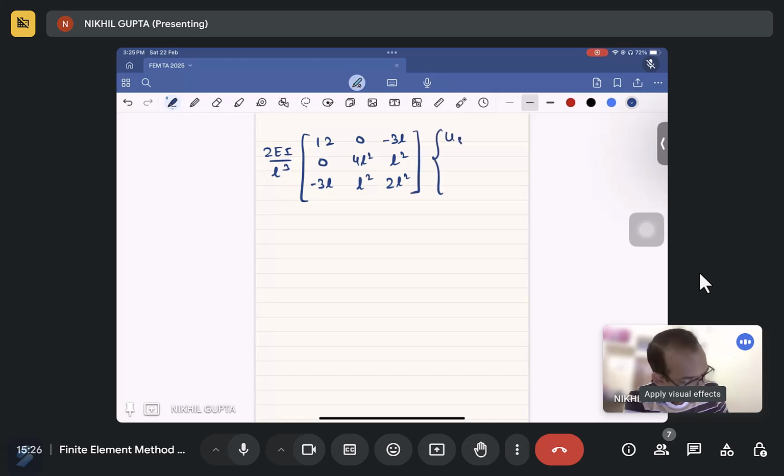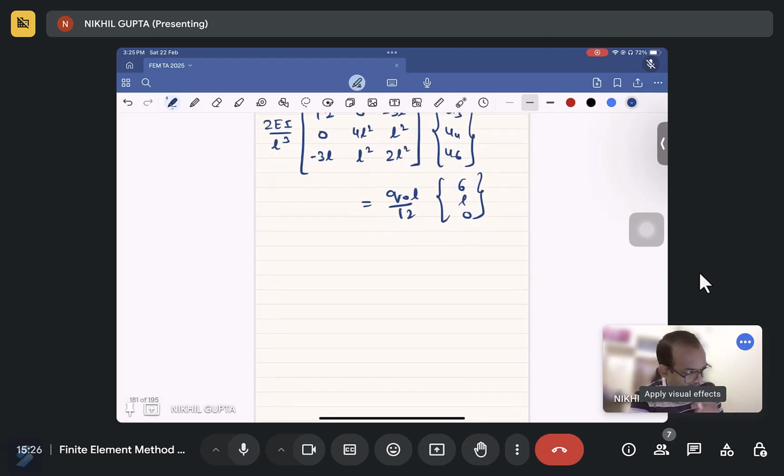This is U3, U4, and U6 equals Q0 L by 12 and 6L, 0. The rest QR is 0 for this reduced matrix.